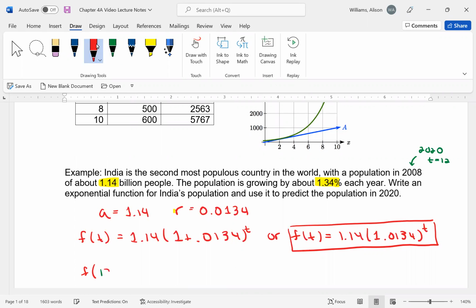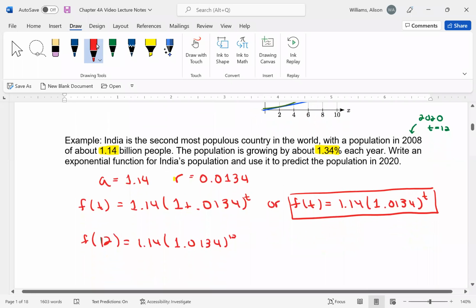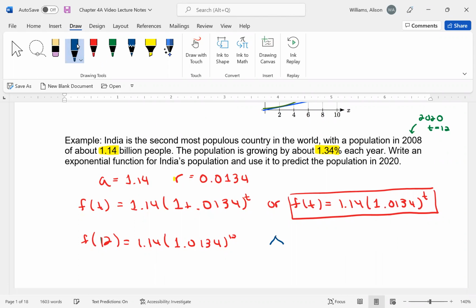So we're going to find f of 12, which would be 1.14 times 1.0134 to the 12. And you are going to want to practice putting this into your calculator. Now, the exponential button on your calculator can vary. If you're using a graphing calculator, they use this symbol.